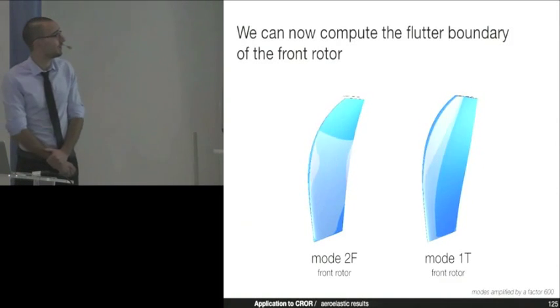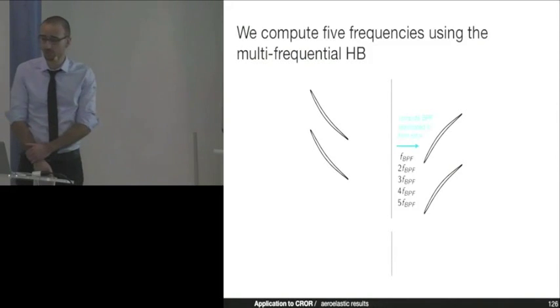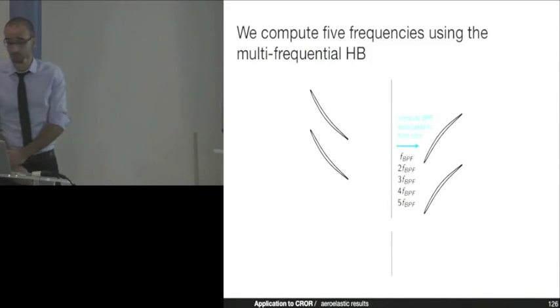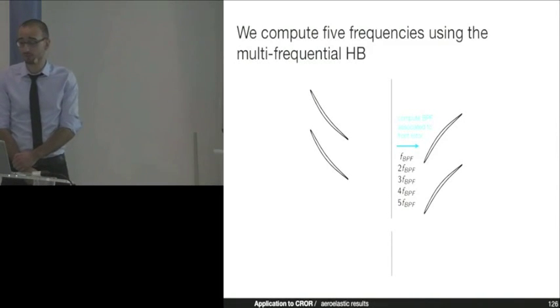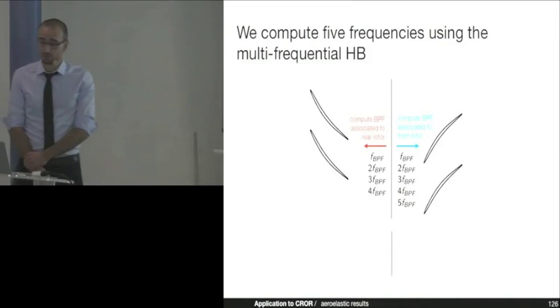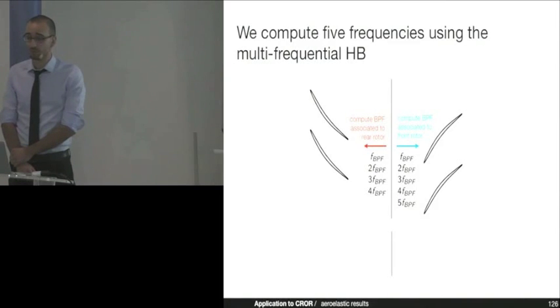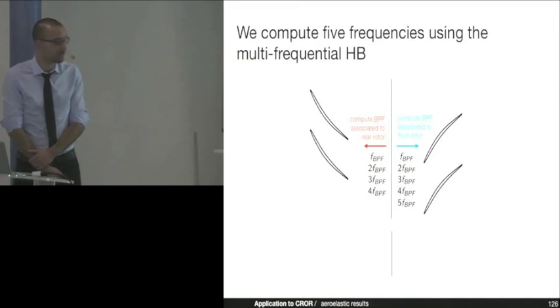To choose the frequencies, we assume on the rear rotor that only the blade passing frequencies will be computed, and we compute up to 5 blade passing frequencies. On the front rotor frame of reference, we will only compute 4 blade passing frequencies associated to the rear rotor movement, and we will compute 1 aeroelastic frequency.